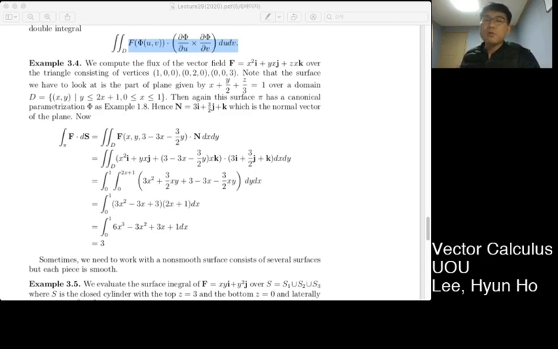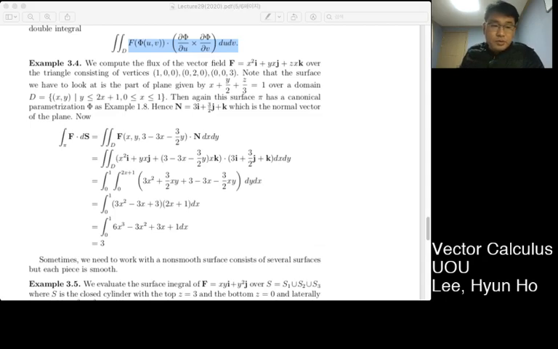Now the vector field: in xyz we just plug in x, y, and g, which is 3 minus 3x minus 3 over 2 y. So F of phi(x, y) is x squared i plus xy j plus x g k, where g is 3 minus 3x minus 3 over 2 y.